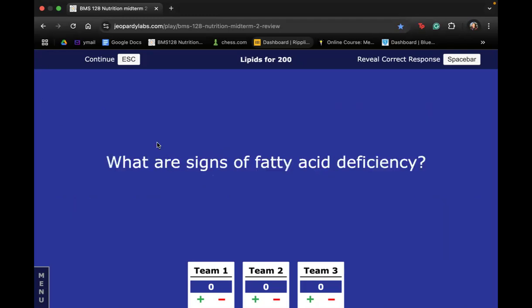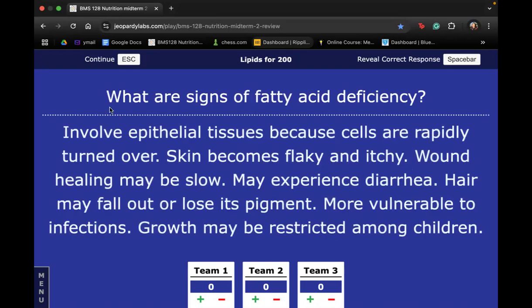What are signs of fatty acid deficiency? Is one of them like long shelf life and then it separates and stuff?